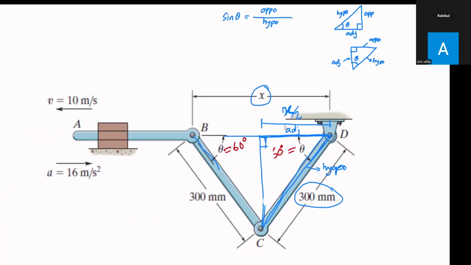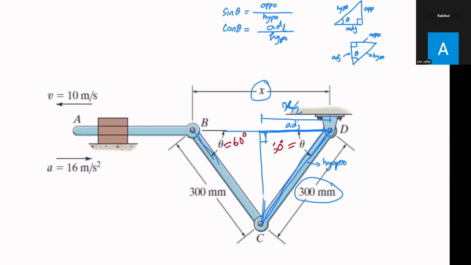We need a relationship between adjacent and hypotenuse, so it's cos. So you see, which formula you use is determined. If you are confused about the formula, you lose a lot of time here. So if we take cos theta, what is my adjacent?